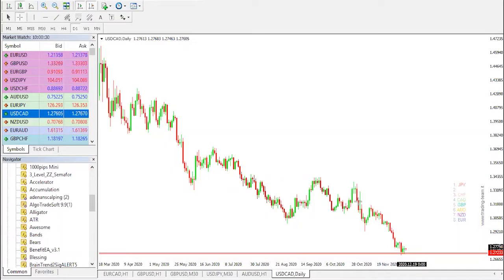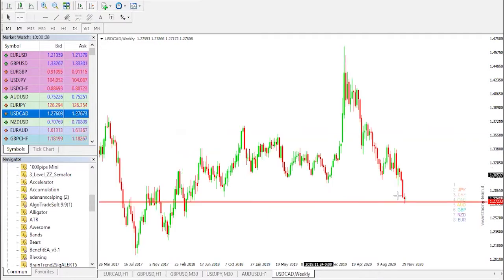Then we have our major support zones looking at our weekly time frame at 1.2720 and also 1.2700. And that leaves us with a very much bearish note for the United States dollar to the Canadian dollar.